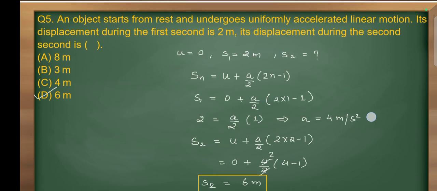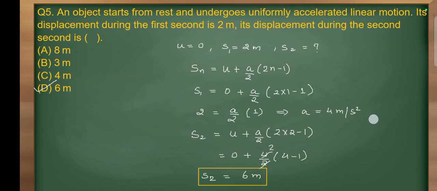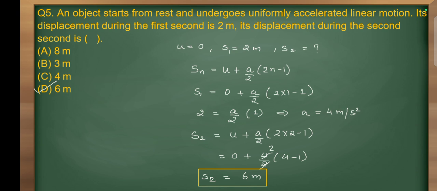Question number 5. An object starts from rest and undergoes uniformly accelerated linear motion. Its displacement during the first second is 2 meter. Its displacement during the second second is... Here initial velocity of the particle is given as 0 meter per second. S1, that is the displacement in first second, is 2 meter, and we need to calculate displacement in the second second.